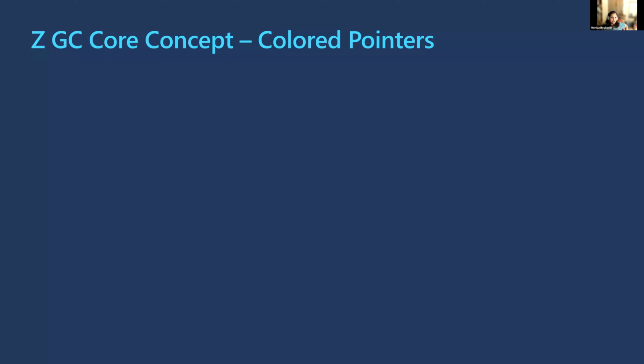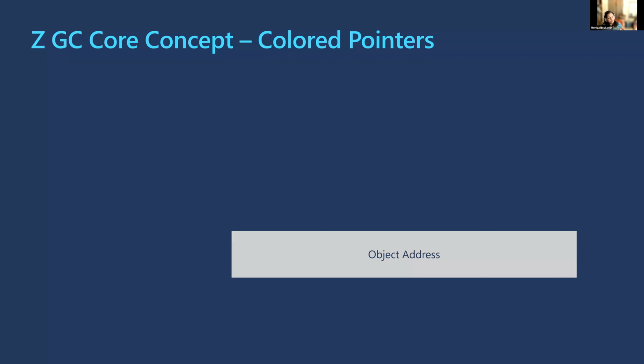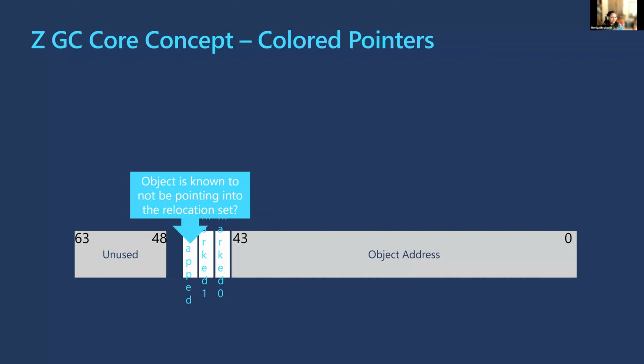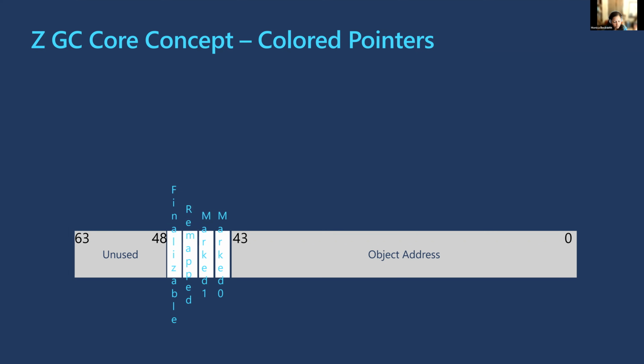So I'm going to quickly try to go over these things because there are many talks on these, but I think it's very important to highlight the core concepts so we can understand that it's a unique design, and it's going to serve its purpose, because of the tagging bits. The concept of colored pointers is also known as tagged bits, and what they do is basically you have 4 different bits that you can use to talk to the garbage collector algorithm.